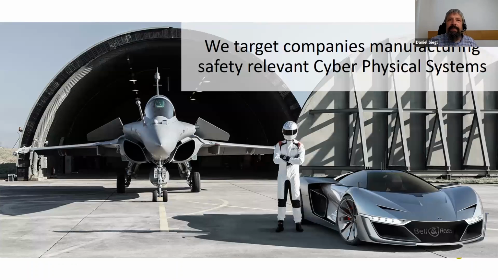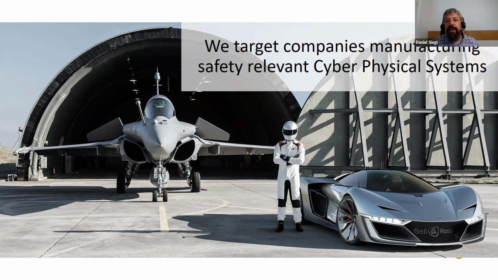So what does LieberLieber do? It's very simple. We target companies manufacturing safety relevant cyber physical systems. Most of them build some kind of autonomous vehicle, but it's all other stuff as well, from self-driving lawnmowers to cars to spacecraft.